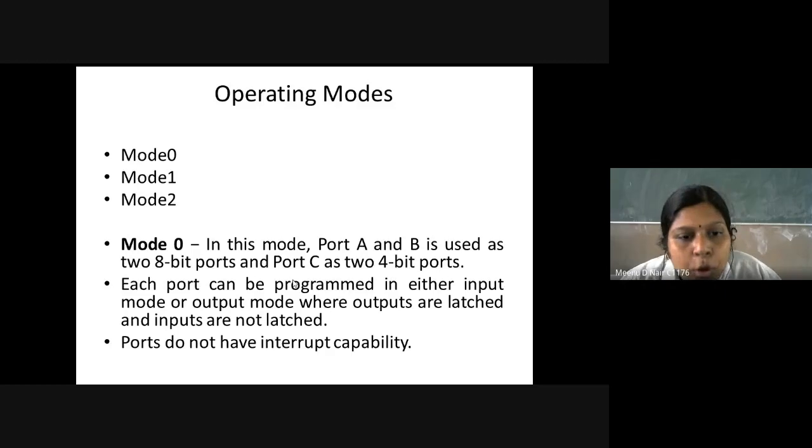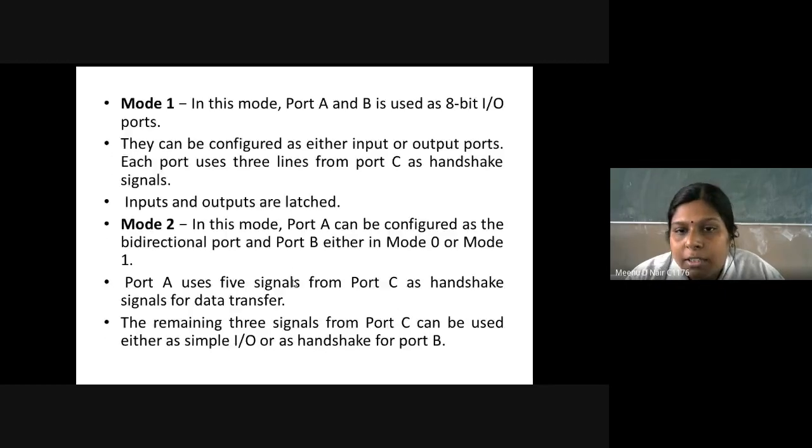Then what about mode 1? In the case of mode 1, port A and B use the 8-bit input output port, and port C bits are used as the handshake signals for port A and B. Then mode 2: only port A can work in mode 2 of operation, and port B must be working in either mode 0 or mode 1.